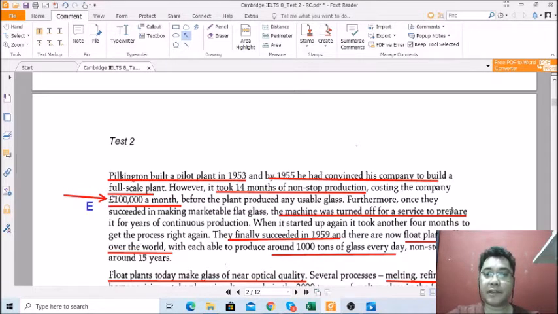Then we can see the cost in the company, but when we read it carefully, we don't know where the money is from. Pilkington built a pilot plant in this year and that year, but we don't know where the money comes from. It can be his own money or somebody else's money, maybe an investor. We don't know. So in this case, the statement in the problem is not wrong, but we just don't know it.